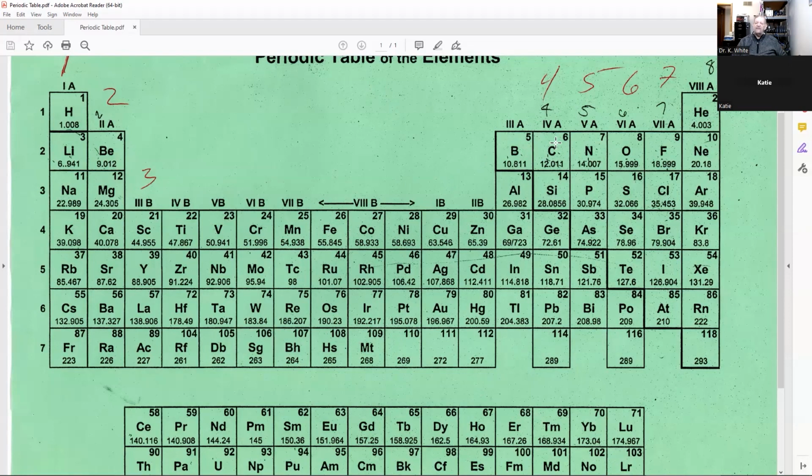And since all atoms have a net zero charge, that also means the atomic number tells you how many electrons are in that element.